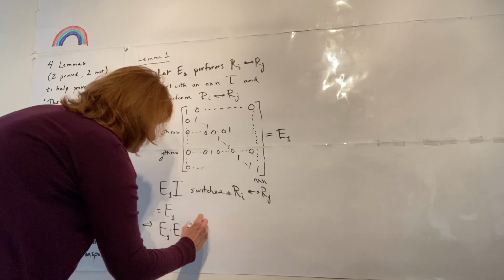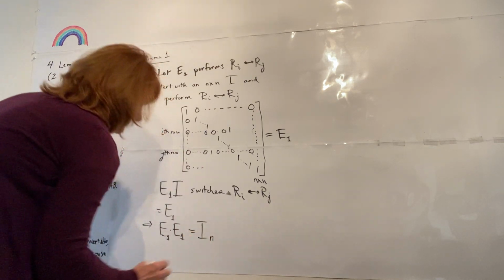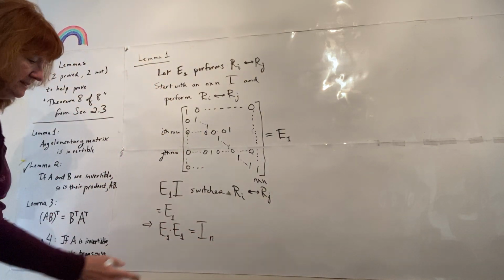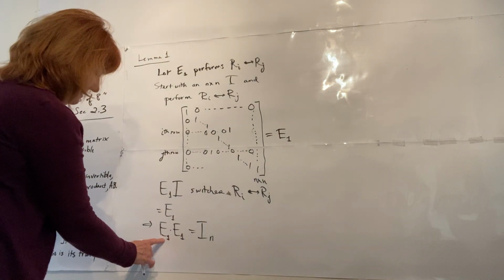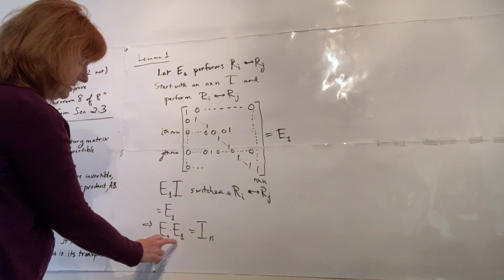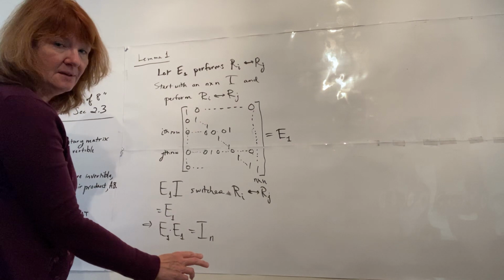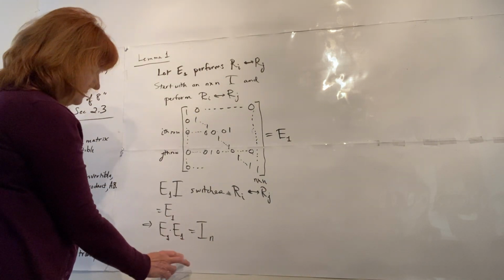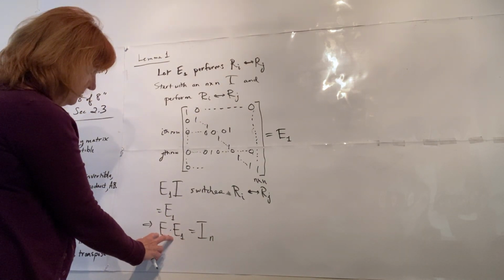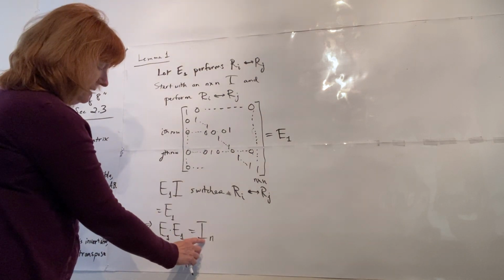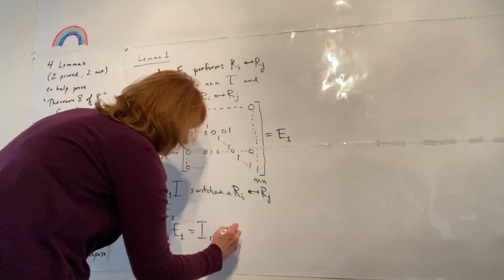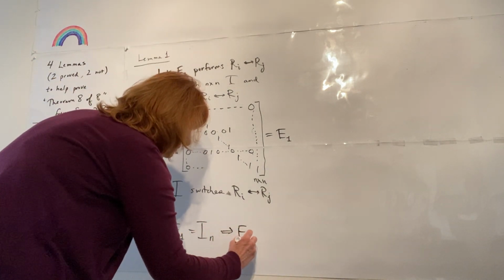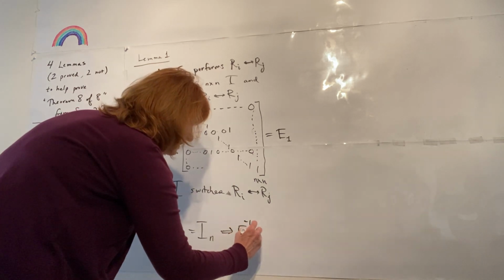So that'll get us back to the identity. Well, that statement right there says that there exists a matrix such that E1 times that matrix gives me the identity, and there exists a matrix such that that other matrix multiplied by E1 gives you the identity. So that implies that E1's inverse is itself.